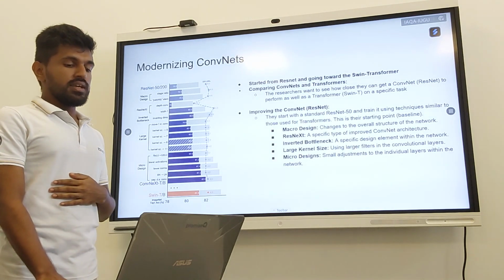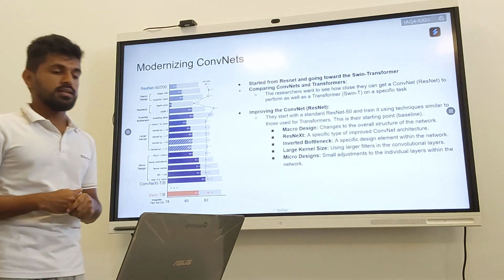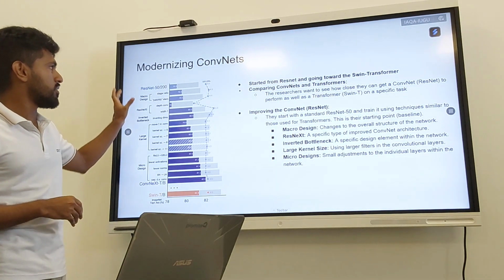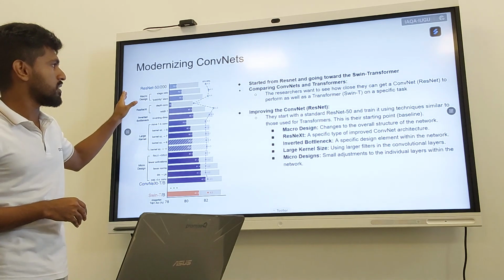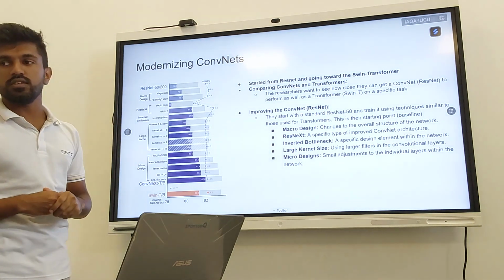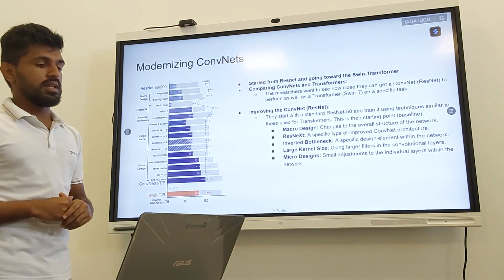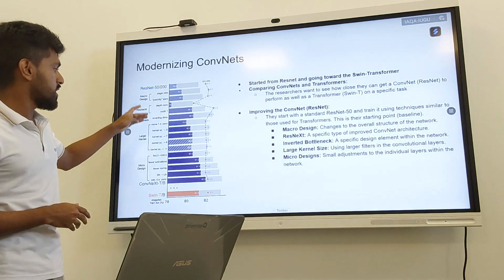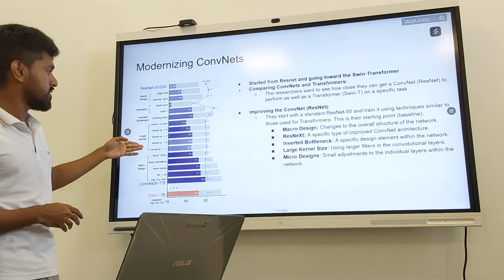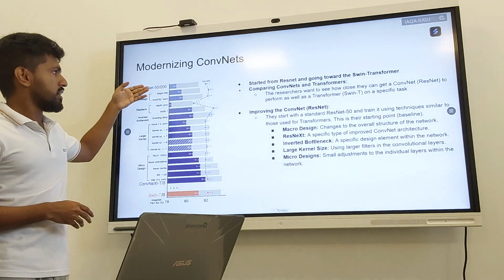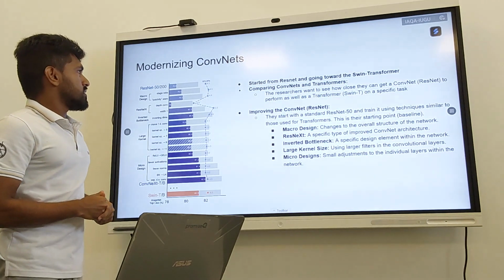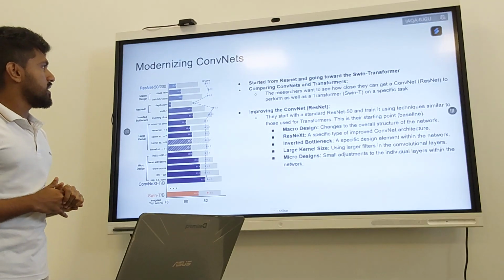So in this paper, they tried to improve the convolution network toward the Swin transformer model. They modernized the convolution network with architectural and training improvements.